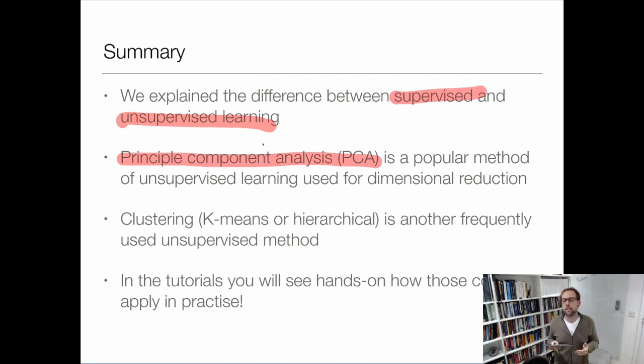This is a very popular technique used to reduce dimensionality, and it can be very useful if I have high dimensional data and I want to make a nice two-dimensional plot out of it. The best two dimensions to plot it on would be the directions of the first two principal components.